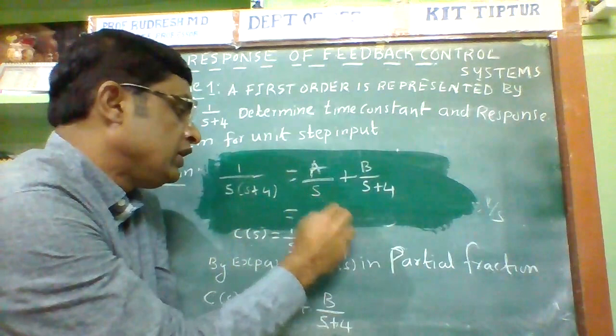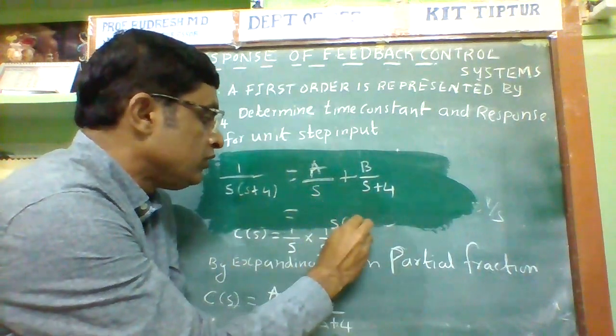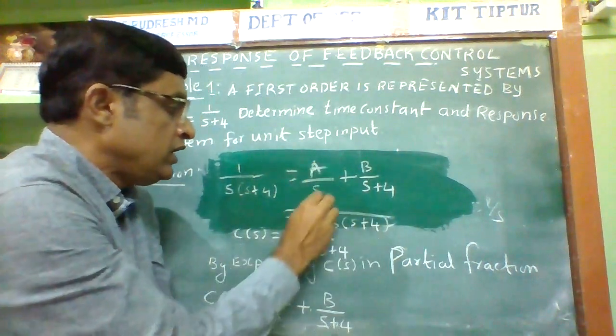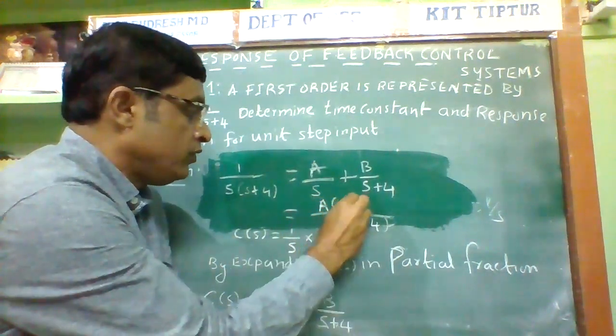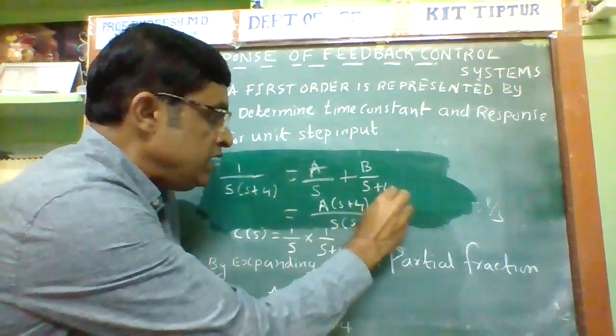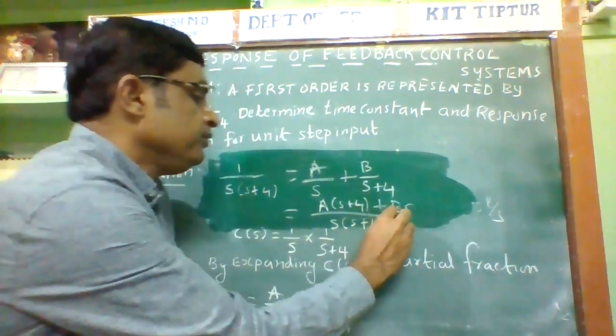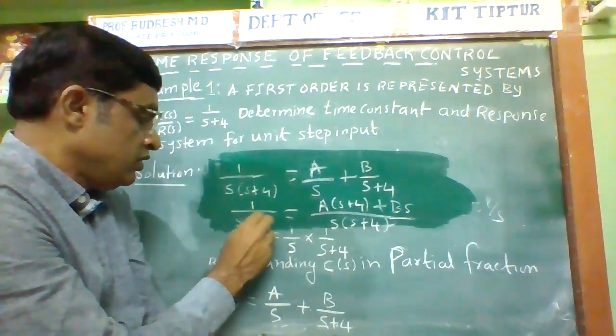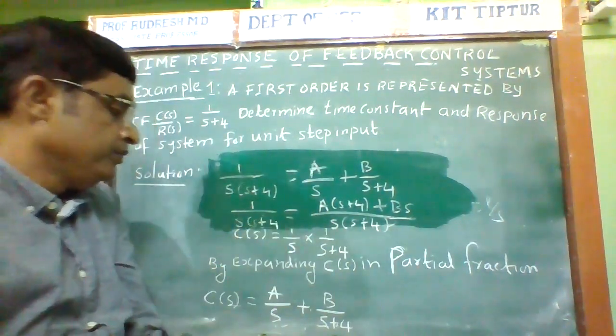Now if I take the LCM, then s into s plus 4 is the LCM. Then we have A into s plus 4 plus B into s, equal to 1 over s into s plus 4.